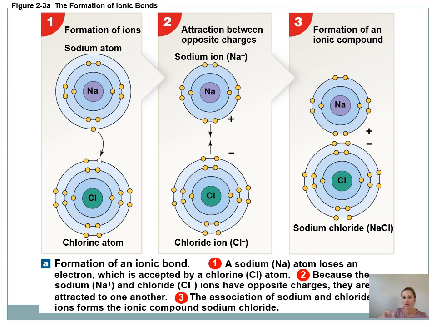So now it's a chlorine anion. So sodium is the cation, chlorine is the anion. And opposites attract. So now these two ions are held together because of this attraction between the positive and the negative charge. And that gives us this, sodium chloride. So that's an ionic bond.